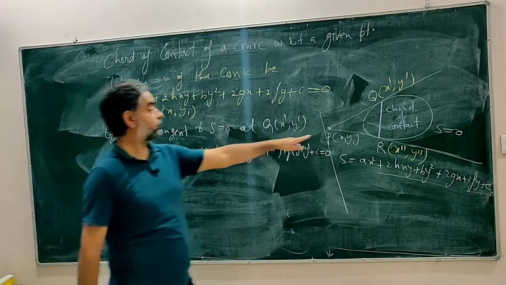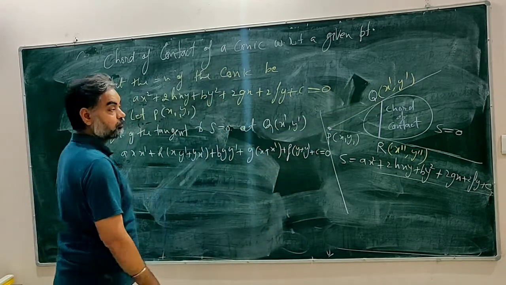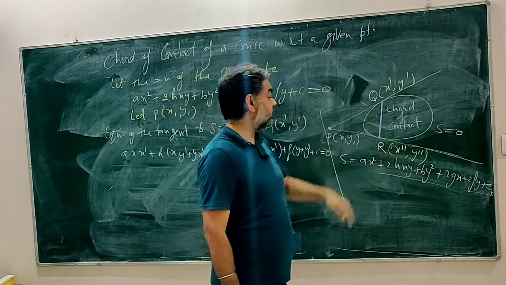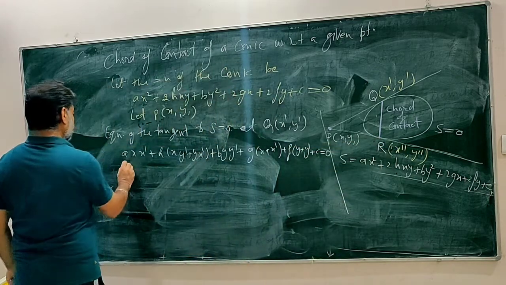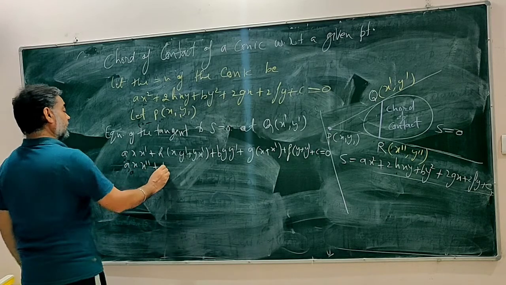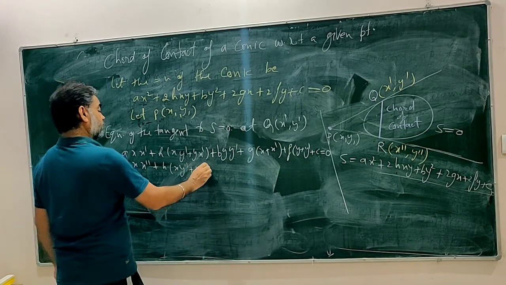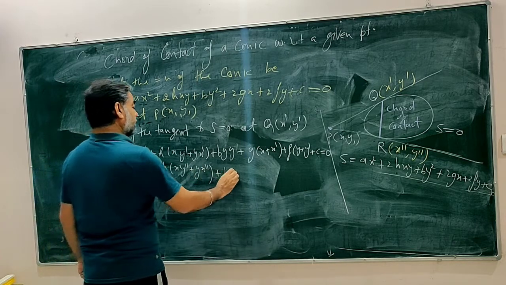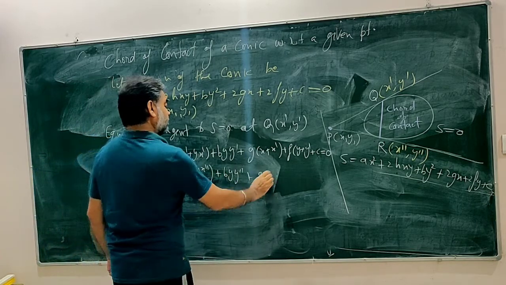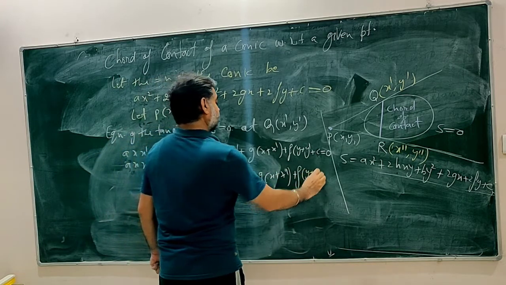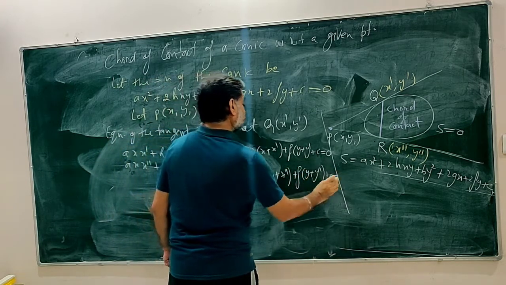This is the equation of the tangent PQ. What is the equation of the tangent at the point R? The equation of the tangent at the point R is axx double dash plus h(xy double dash plus yx double dash) plus byy double dash plus g(x plus x double dash) plus f(y plus y double dash) plus c equal to 0.